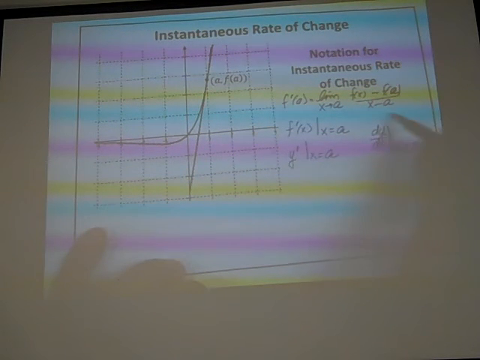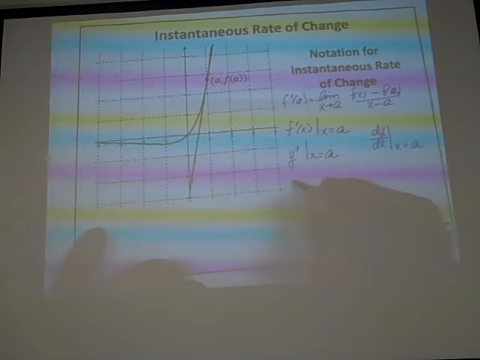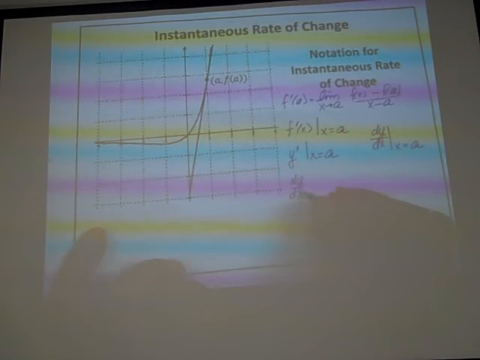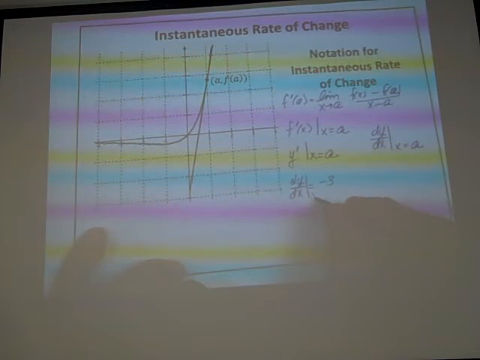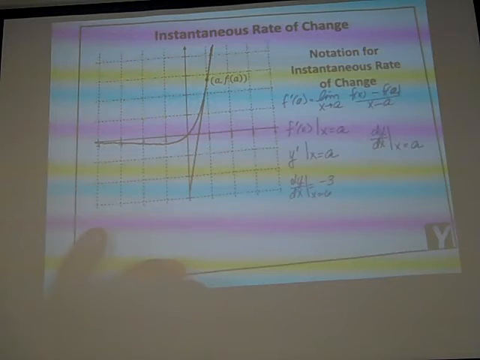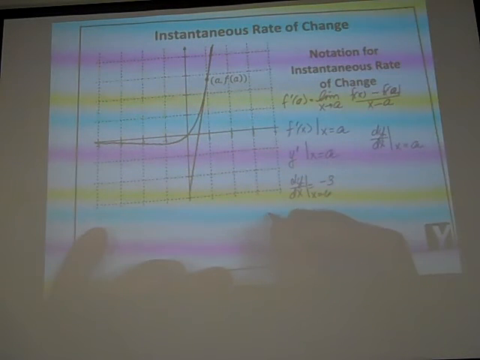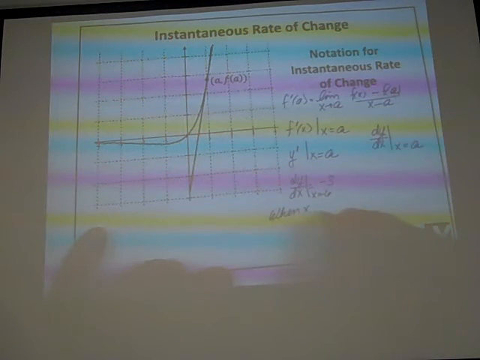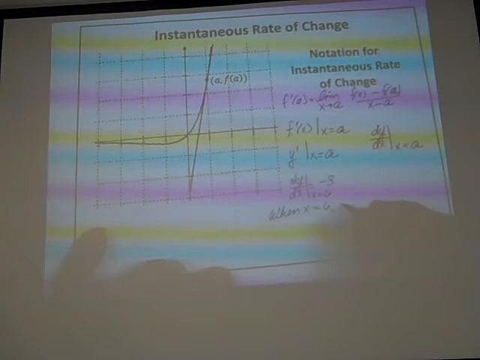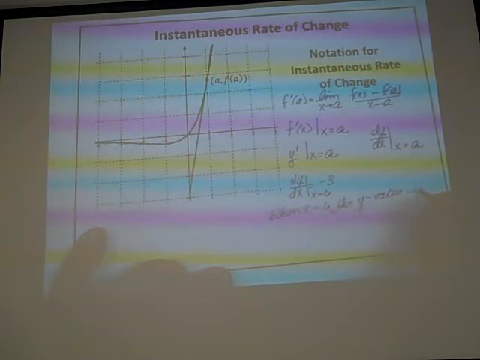But no matter what we're doing, let's say that we found out that dy over dx is equal to -3, or dy dx evaluated at x equals 6 equals -3. The sentence we're going to write is going to be something to this effect. When x equals 6, the y value is changing.